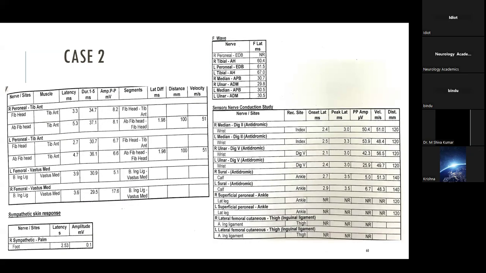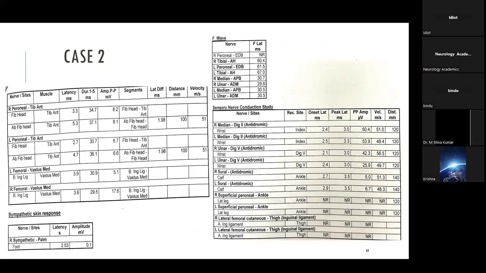So there is proximal involvement, but asymmetry is not there. But in the femoral there is asymmetry: amplitude is more reduced on the left than the right.